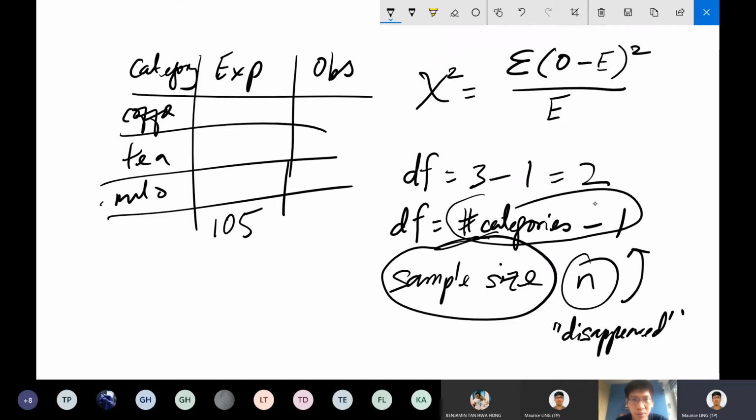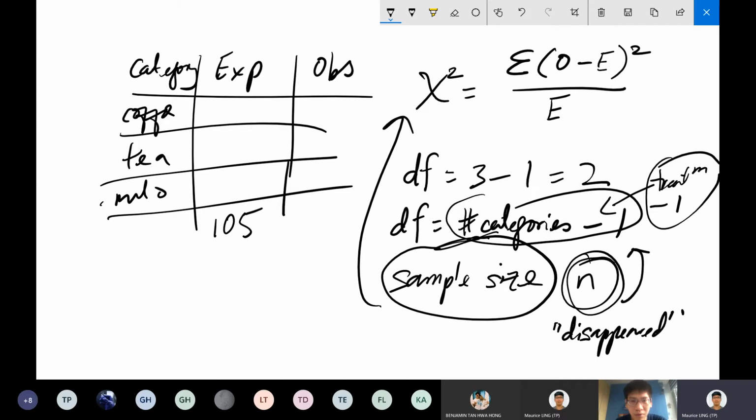Instead, it is almost like treatment minus 1, if you put it back into your ANOVA. But I will tell you that sample size is actually built into this equation, just that you never realize it. And you realize that chi-square is a very simple equation, so much simpler than your t-statistic.